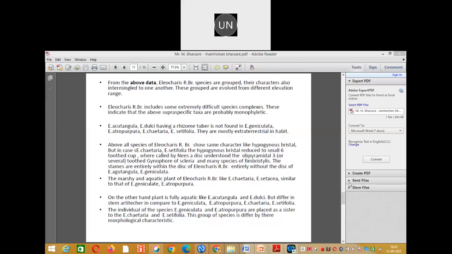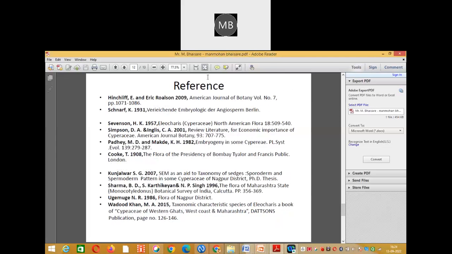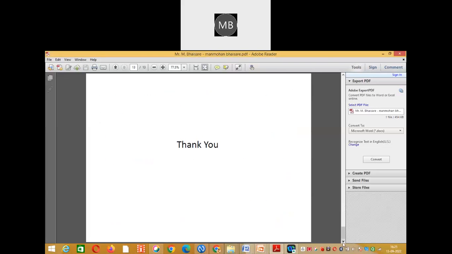The individuals of the species Eleocharis geniculata and Eleocharis atropurpurea are placed as sister to Eleocharis retroflexa and setifolia. This group of species differs by their morphological characters, but Eleocharis dulcis evolved from Eleocharis acutangula. So Eleocharis acutangula is a father of Eleocharis dulcis. Then on the next slide, I have given the references for this topic, and thank you.